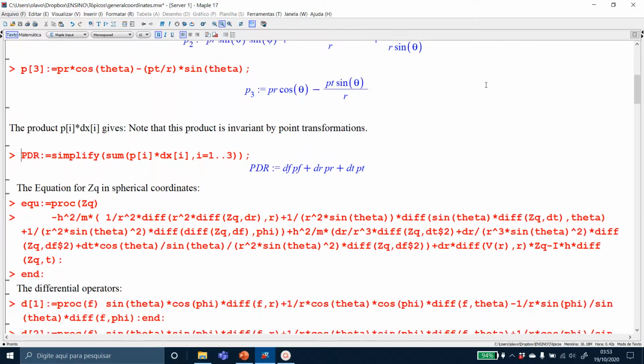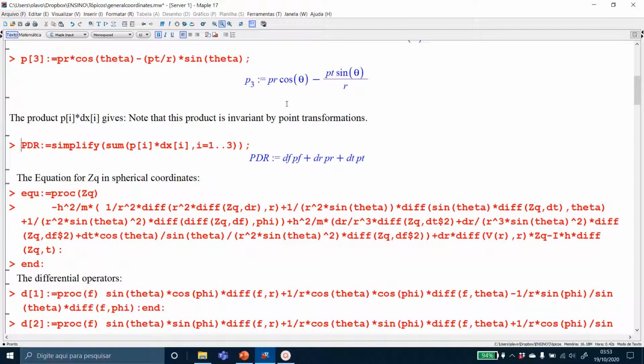And now we can show what we get by simply making the product between p's and dx, which is the dq now in the desired coordinate system. We simply get this.